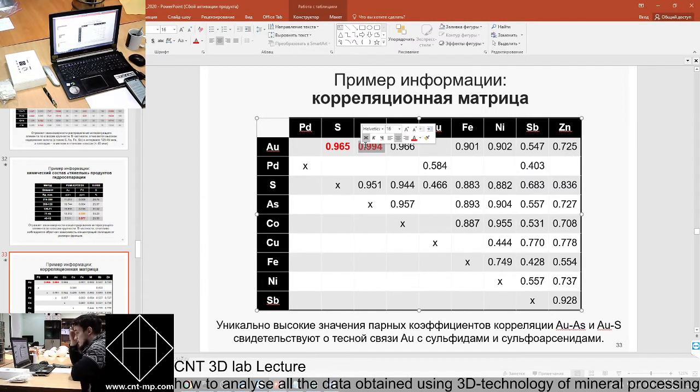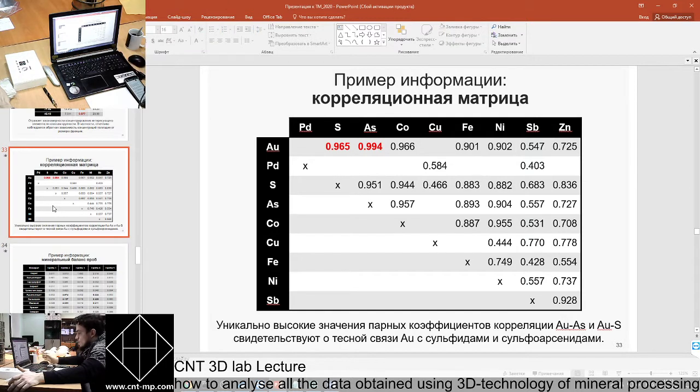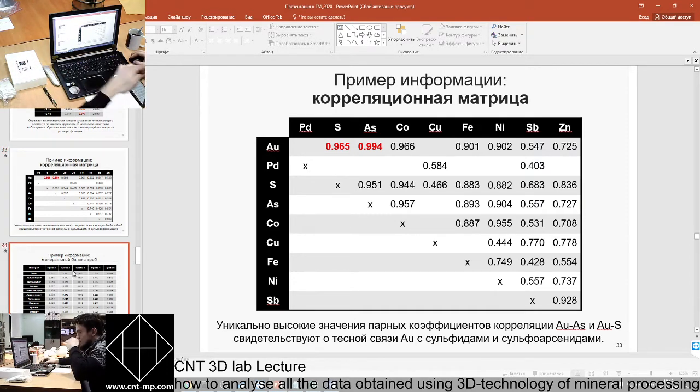Which means that from mineralogy we can make a decision that gold is mostly connected with arsenopyrite. And we also proved that by our electron probe microanalysis and microphotos.